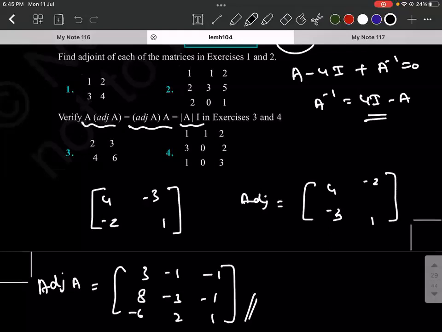Is there anyone struggling with this? Are you able to do? Niranjan, you? Amrita?